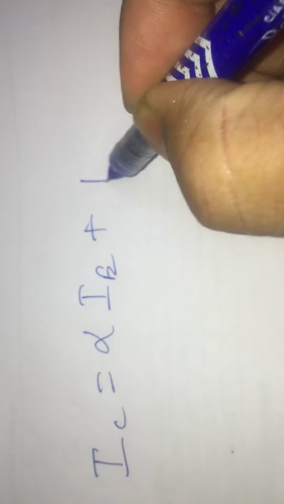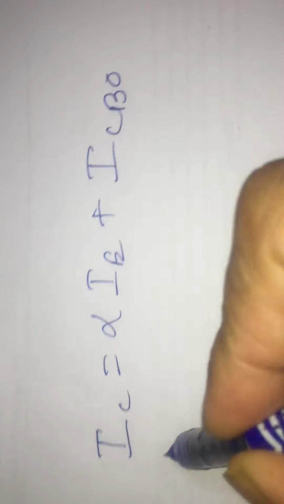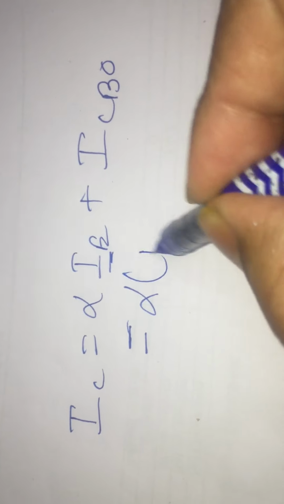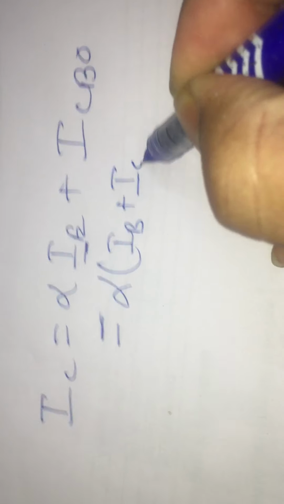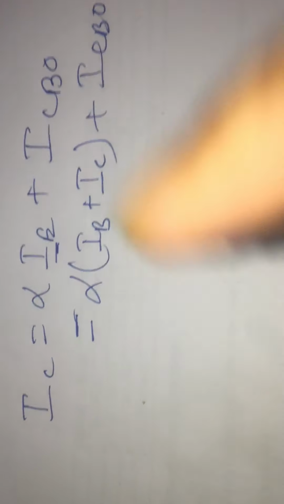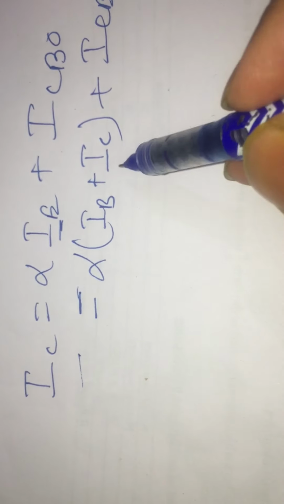What is IC? IC is equal to alpha IE plus ICBO. In place of IE we can put IB plus IC, so IC equals alpha times (IB plus IC) plus ICBO. Here is IC, here is IC.